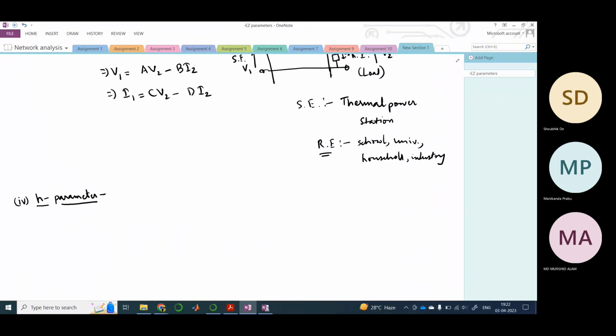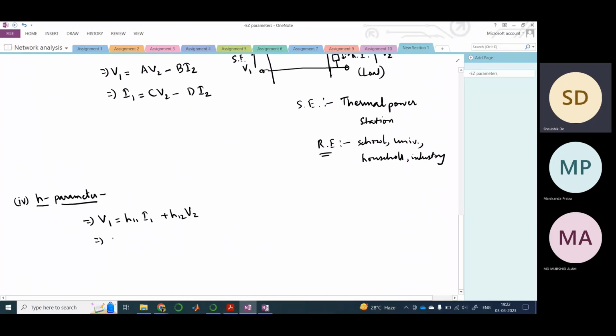There you require these H parameters. So what is the equation here? This is V1 equals H11 I1 plus H12 V2, and I2 is H21 I1 plus H22 V2.